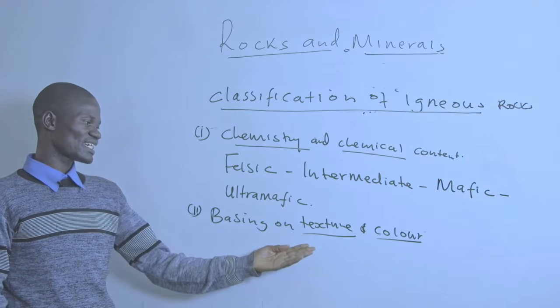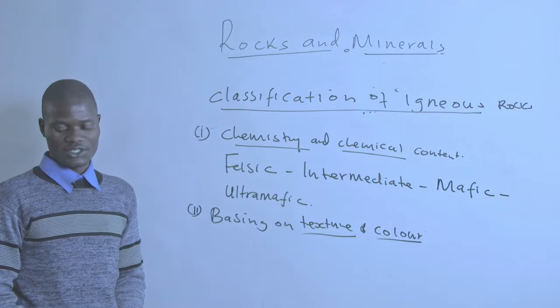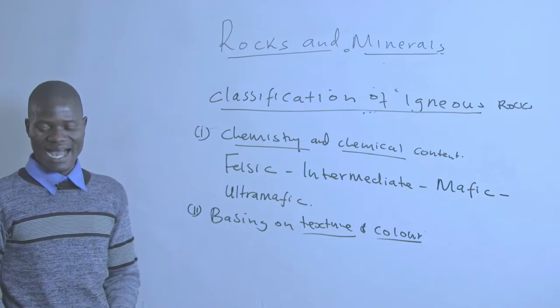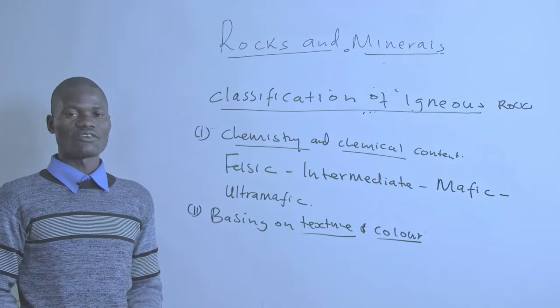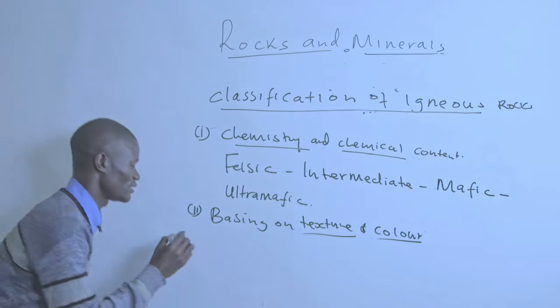Based on the texture and the color, we have dark colored rocks, and the dark colored rocks have a high content of heavy minerals such as olivine.